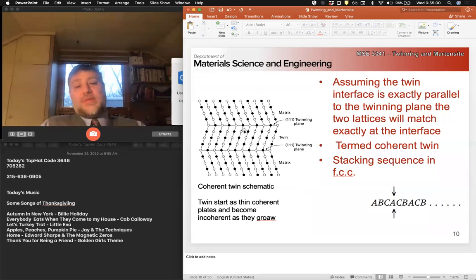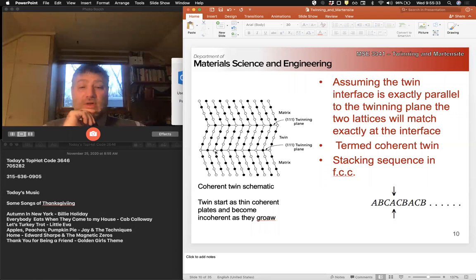So if we set it up so our two twin planes are parallel to each other, in this configuration, it's easy to see that our twin planes are actually crystallographic mirror planes. Okay, the two lattices match at our twin interface here, and we have a mirror symmetry across our twin plane.